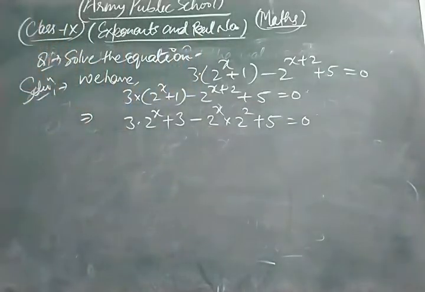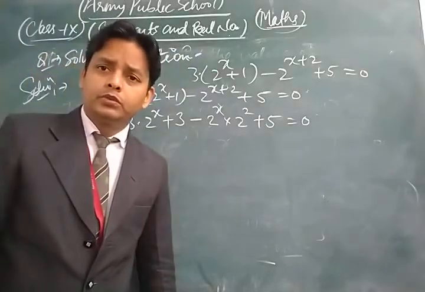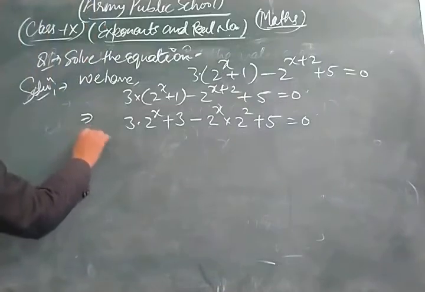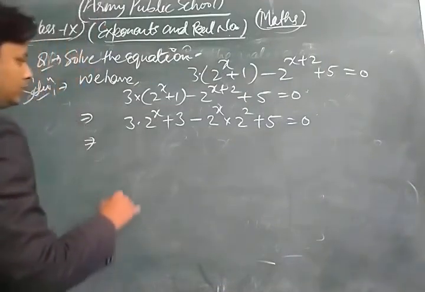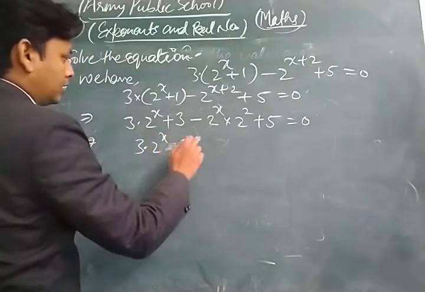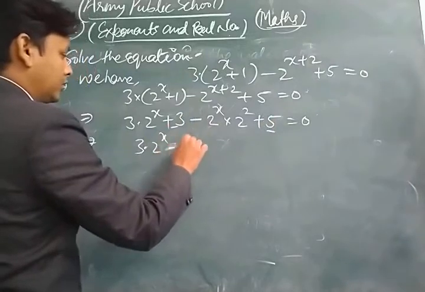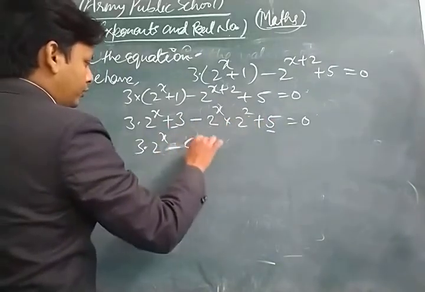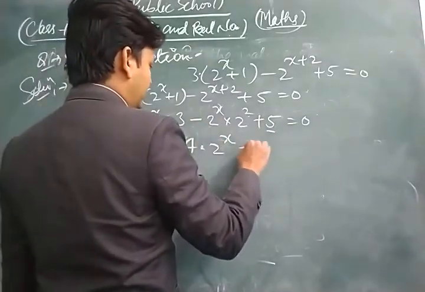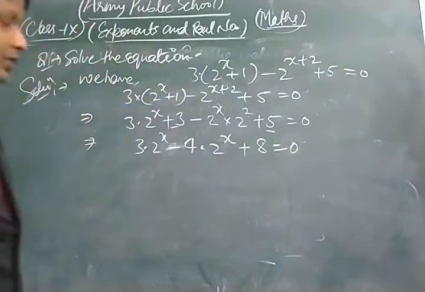Okay, now look, we can write 3 into 2 power x plus 3 plus 5, that is plus 8, and here minus 4 into 2 power x, and plus 8 is equal to 0.